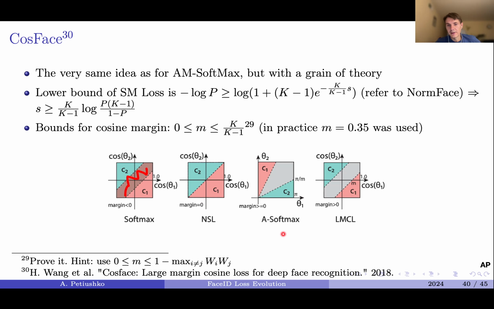For A-softmax, when we have theta as the axis, not cosine, we would have this margin, but this margin becomes smaller and smaller when we go to the origin. And for CosFace, when we have cosine as the axis, we finally have a margin like in an SVM.